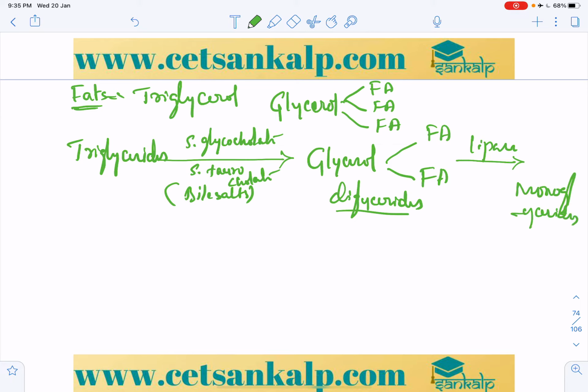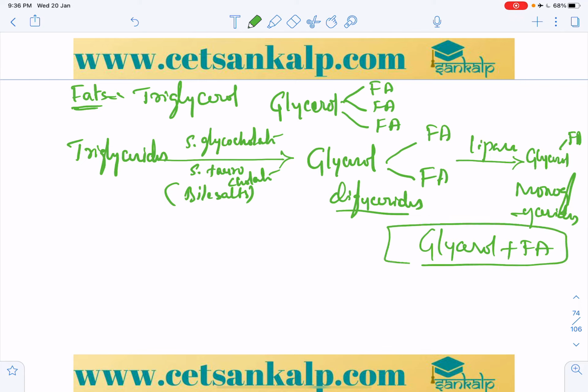A monoglyceride is glycerol with one fatty acid. The final end product is glycerol and fatty acid, by the action of lipase.